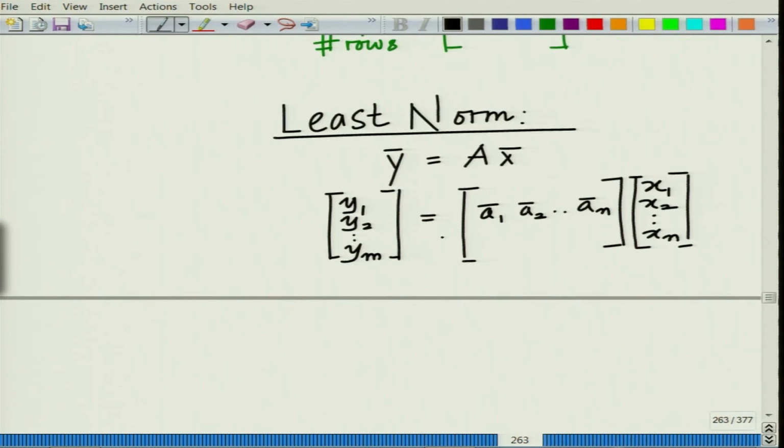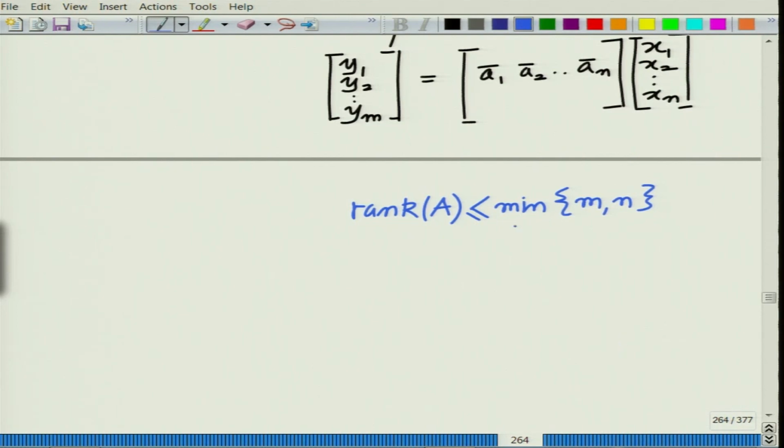Now basically if you look at the rank of this matrix, rank A, which is less than or equal to the minimum of m comma n, number of rows comma number of columns, which, given m less than n, implies this is less than or equal to m, right, since we have m less than n.